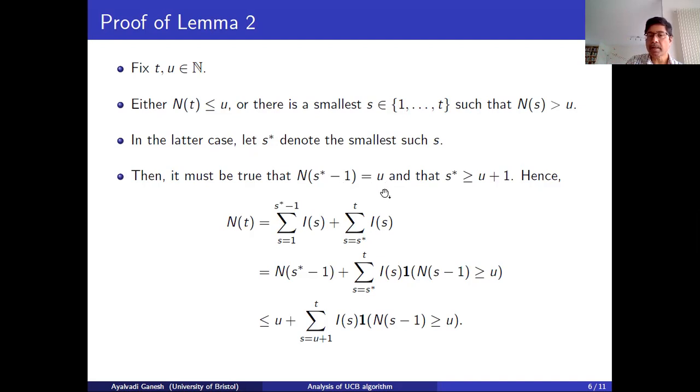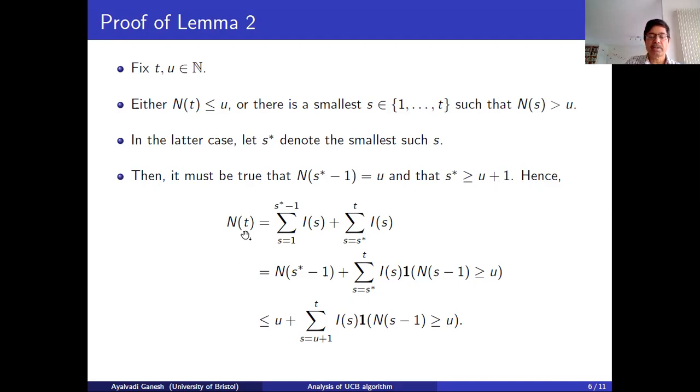Could it be smaller than u? No, because then it would have to jump by 2 or more within a time step, and it can jump by at most 1 in a time step. So n of s star minus 1 is u, n of s star is u plus 1, and also s star is necessarily at least u plus 1 because n starts at 0 and goes up by at most 1 at a time step.